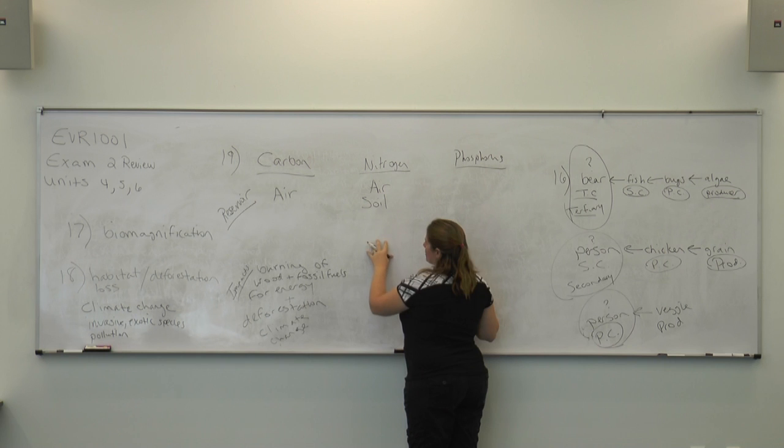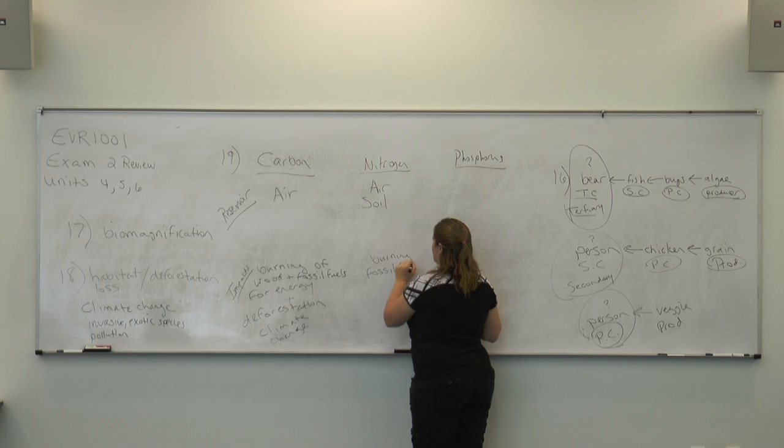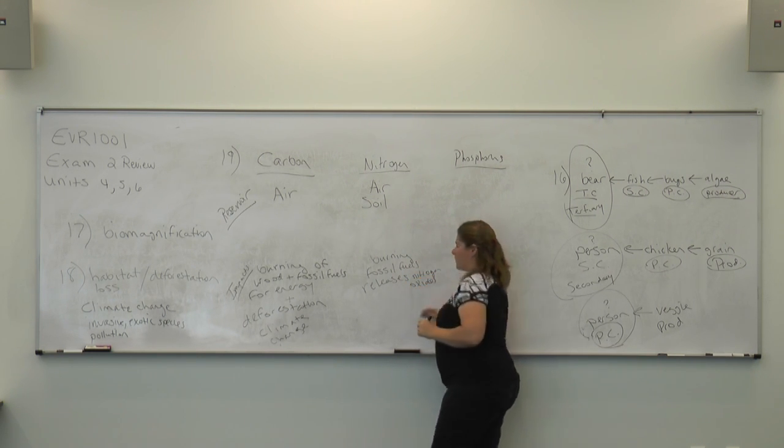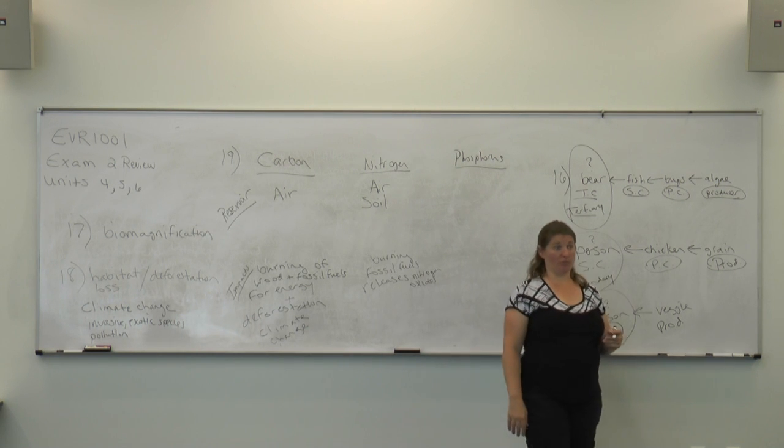Now, one of the major ways we've upset the nitrogen cycle is also by burning fossil fuels. Burning fossil fuels releases nitrogen oxides. So that's excess nitrogen getting into the atmosphere than should. Okay?